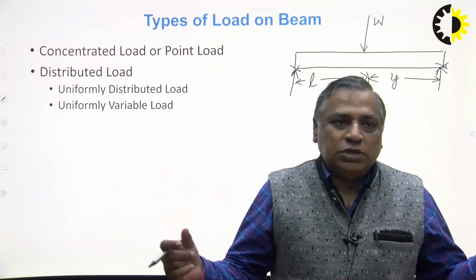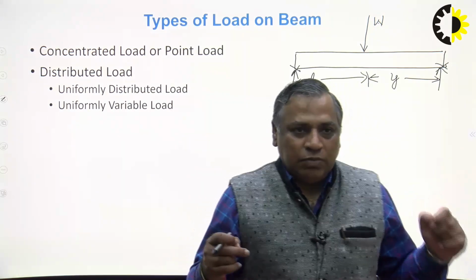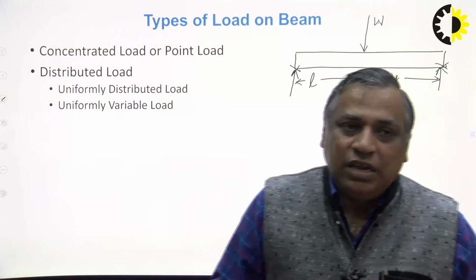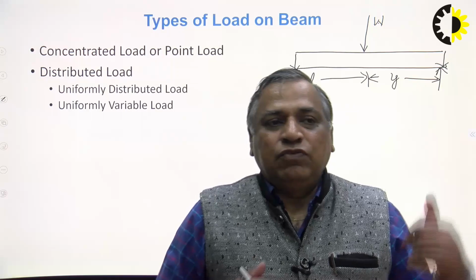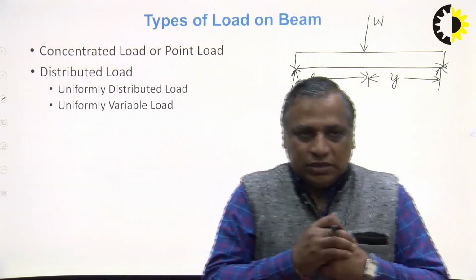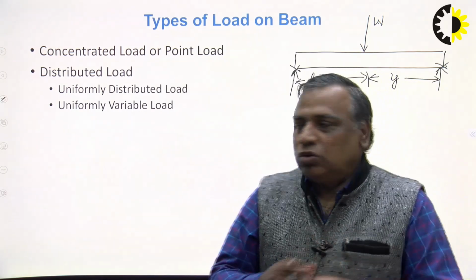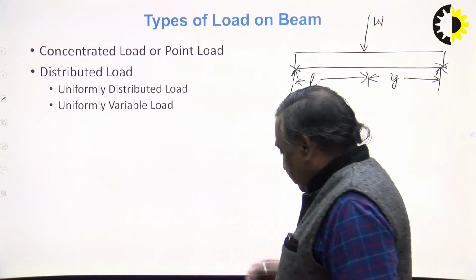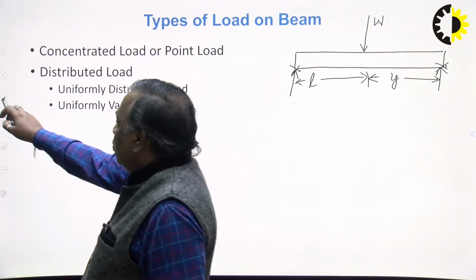And uniformly variable load, if its intensity varies linearly from one point to the other over the span it is distributed. And how we will represent them on the beam, that we are going to learn here.